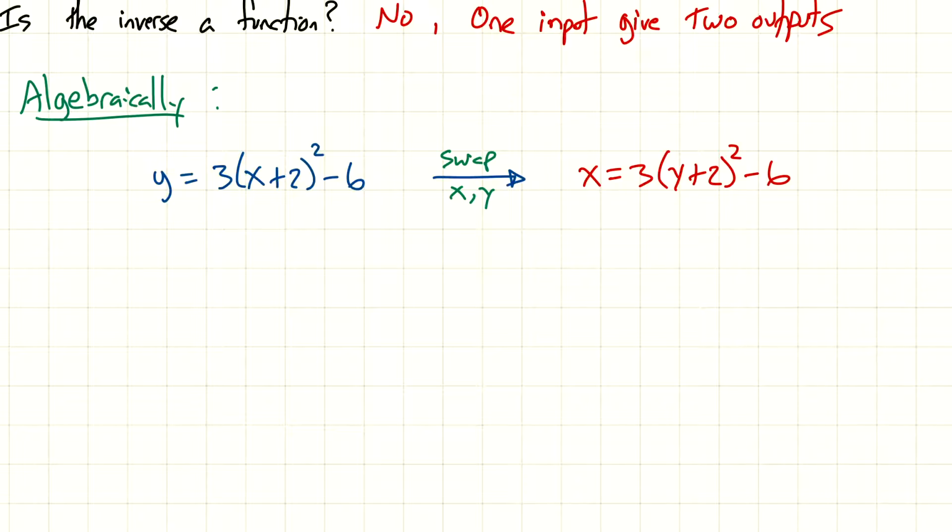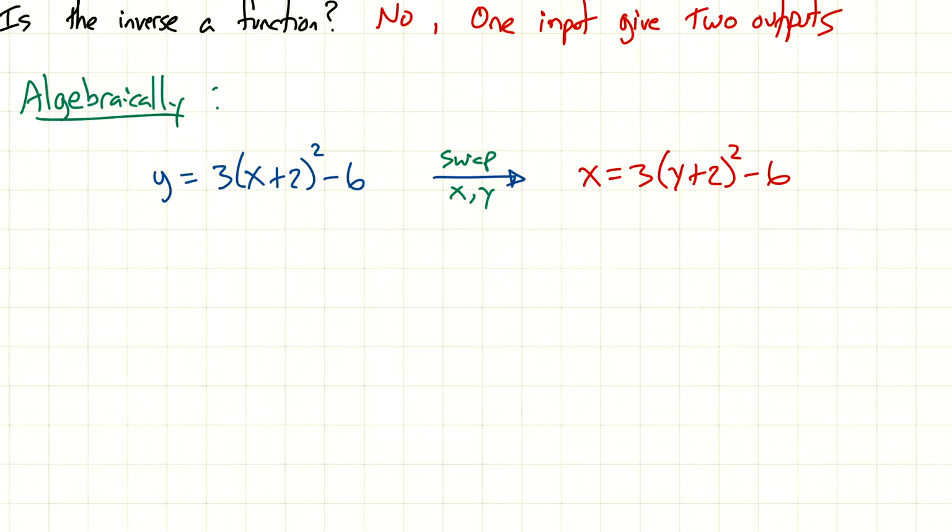All right, now our goal is to get y by itself. So we're going to work our magic. We're going to try to undo everything that's happening here. There's a 3 being multiplied, there's a 2 being added, there's a square, and there's a minus 6. So a good rule of thumb is start on the outside and work your way in.